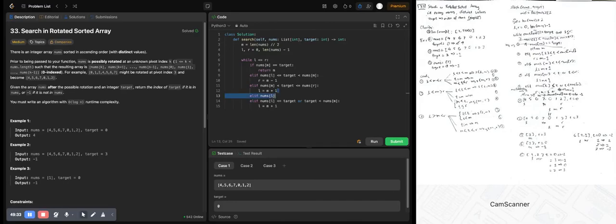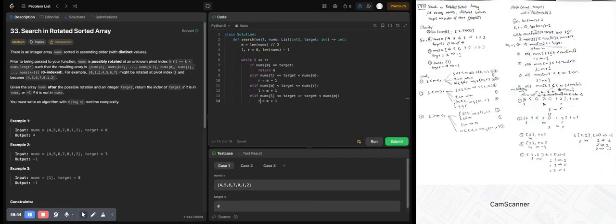One second. Okay, this is not right. Okay, this should be the right. Oh, sorry. Sorry, right is mid minus 1.